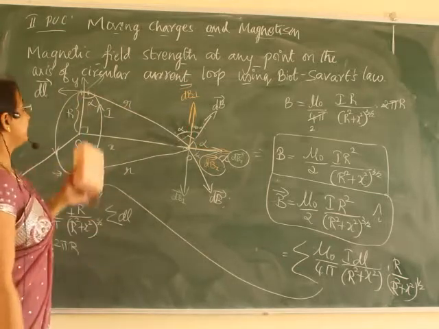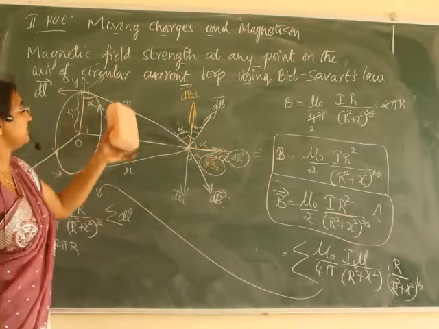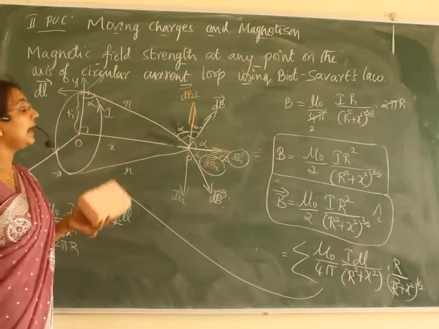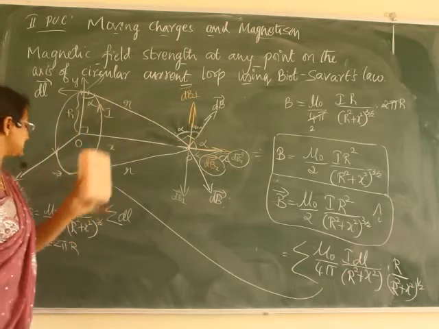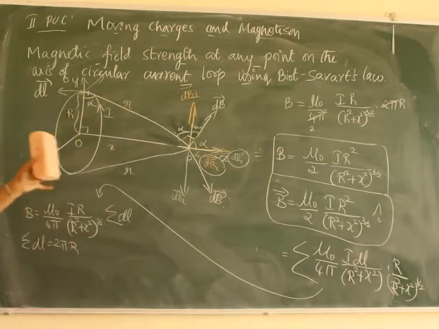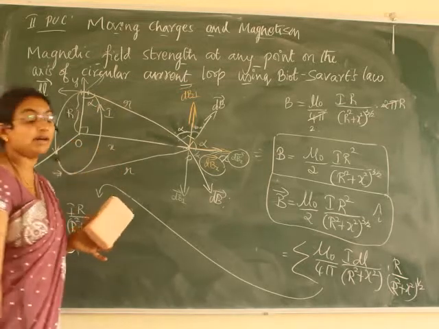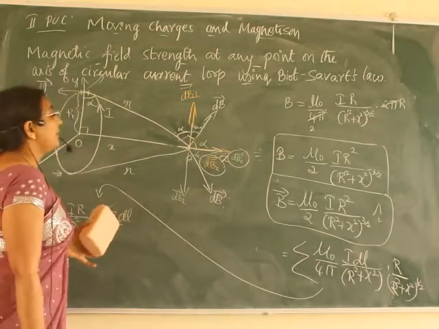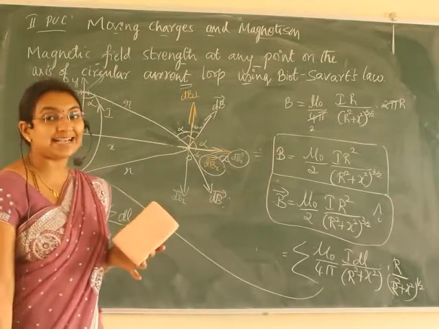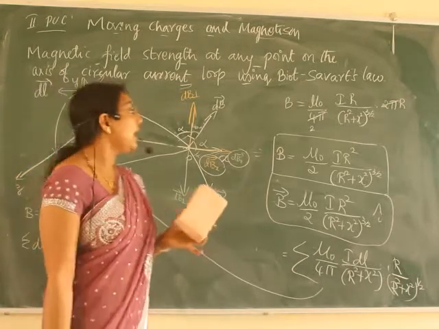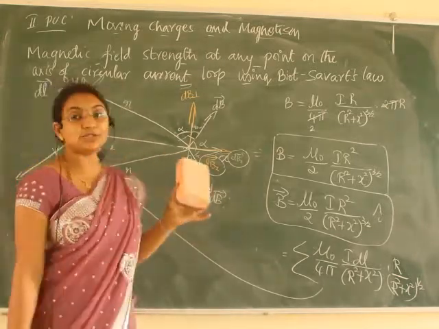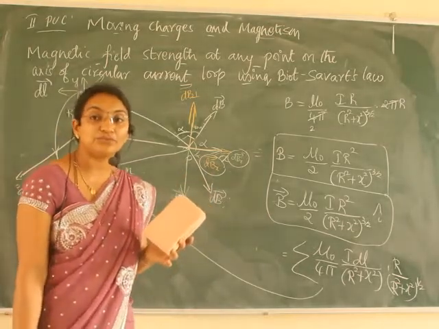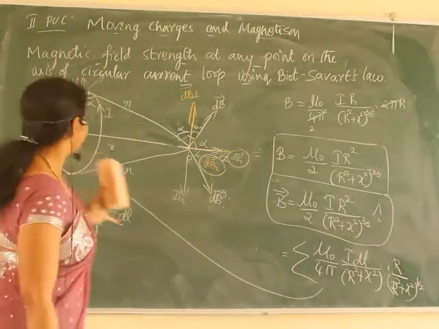Therefore, cos alpha is equal to adjacent by hypotenuse, that is r by R. But R is equal to r square plus x square to the power half. So when we substitute, we get dBx is equal to dB into r by r square plus x square to the power half.